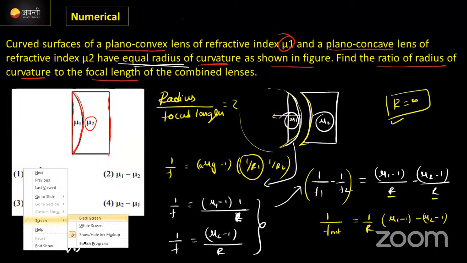See here, 1 by f net, 1 by r, mu1 minus 1 minus of mu2 minus 1. Correct? Take this r to the left hand side. Then it will become r divided by f net, where f net means the focal length of the combination of lenses, is equal to mu1 minus 1, minus into minus mu2 minus 1, it will be plus 1.